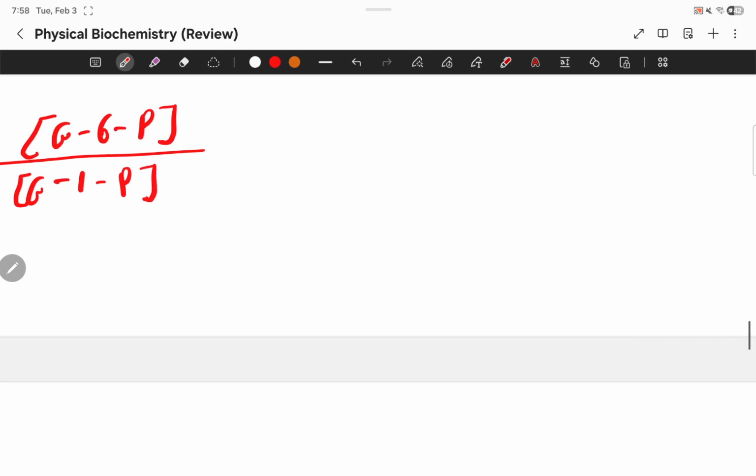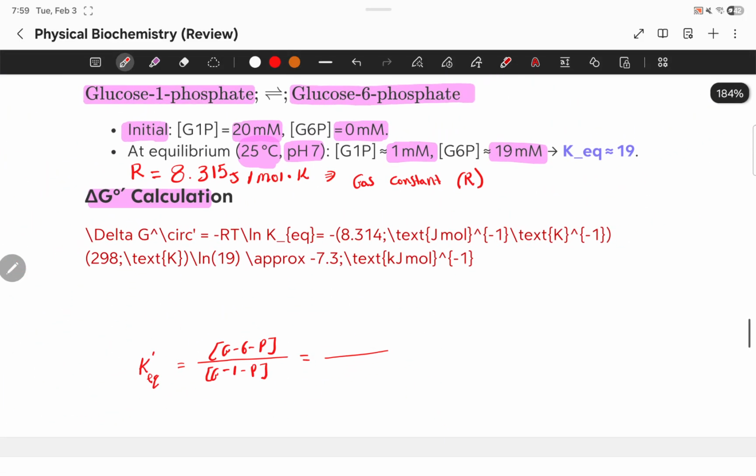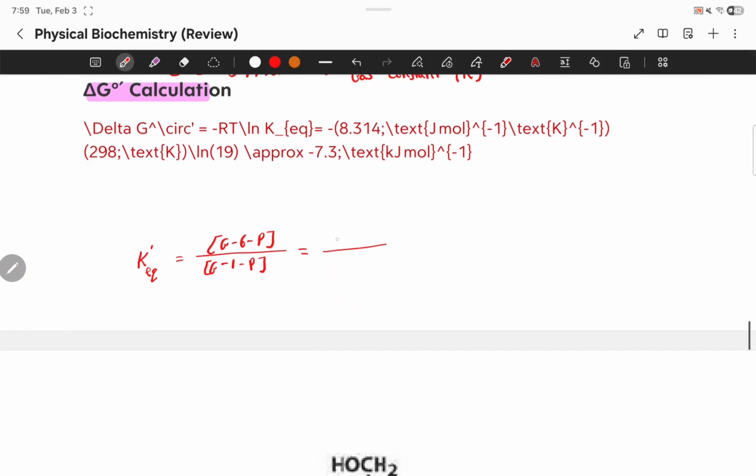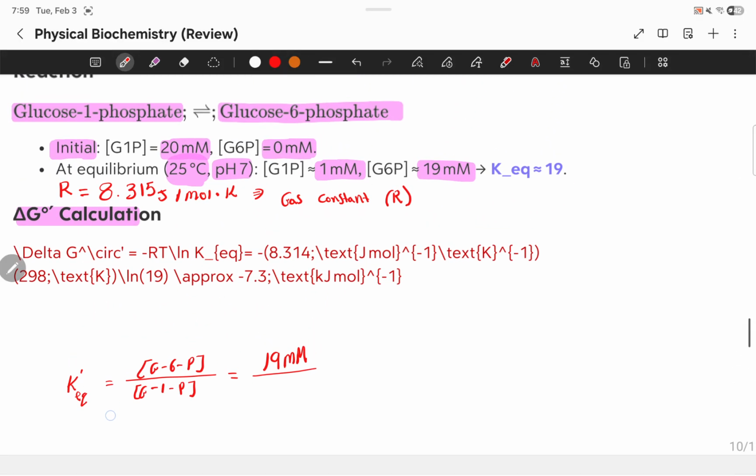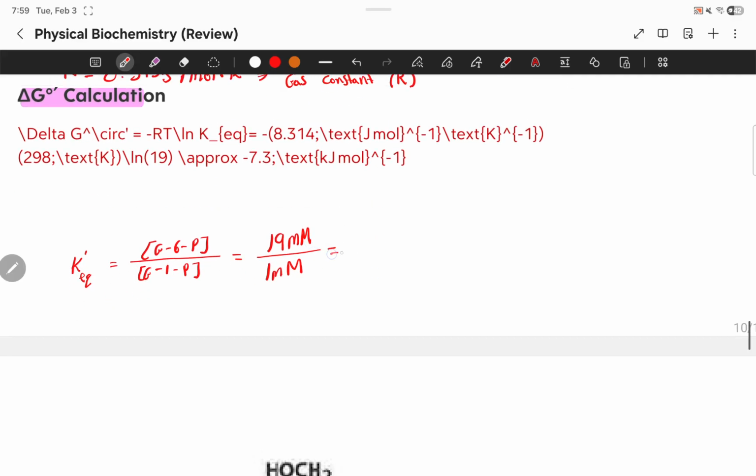The products are given to us, which is 19 millimole over 1 millimole, which is equal to 19.